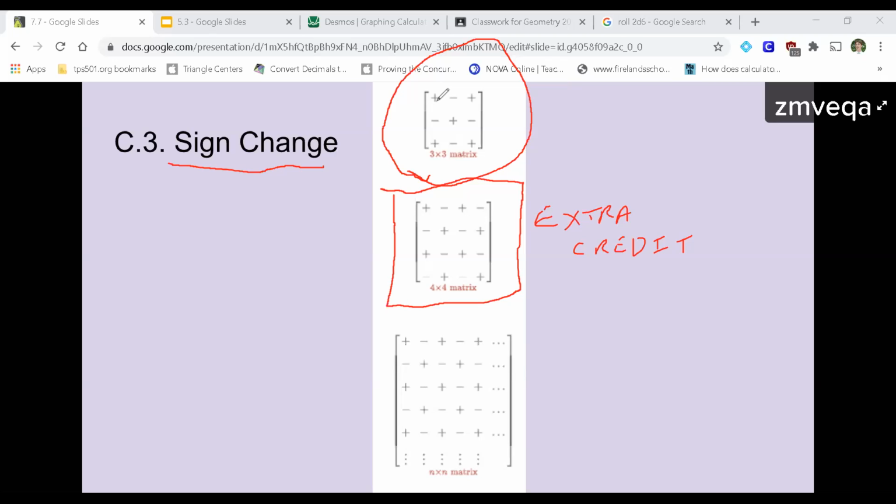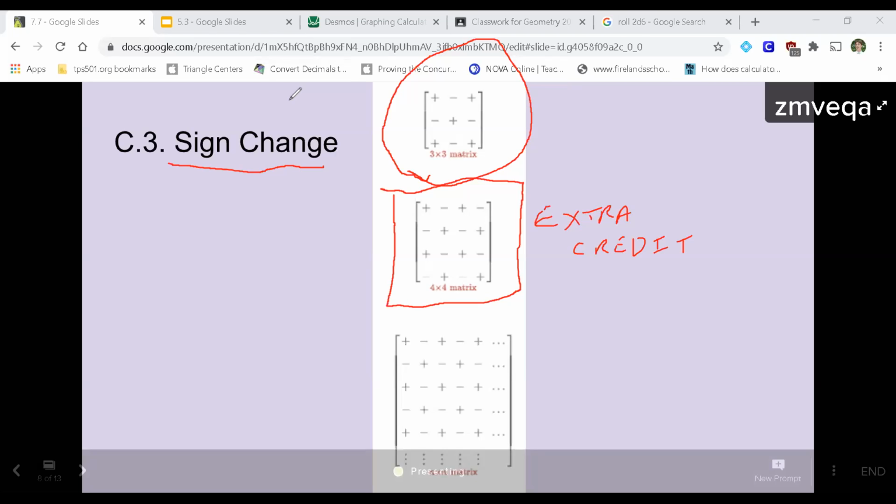So it goes plus, and then the two adjacent to it are minus. Then the opposite diagonal is all pluses, then all minuses, then plus. So plus, minus, plus, minus, plus, minus, plus, minus, plus. So then to get the fourth one, you would just do the opposite: minus, plus, minus, minus, plus, minus, plus. And for any bigger matrices, you would just continue to expand on that checkerboard pattern.